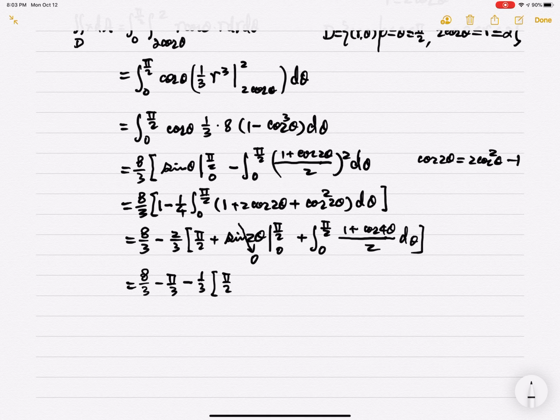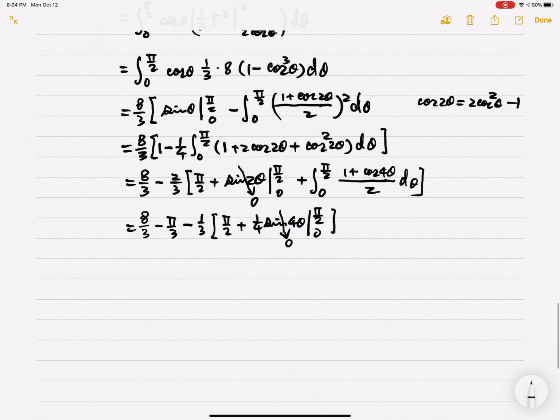Then plus 1/4 sine 4 theta, plug in pi over 2, 0. This term is again 0. So this is equal to 8/3 minus pi over 3 minus pi over 6.